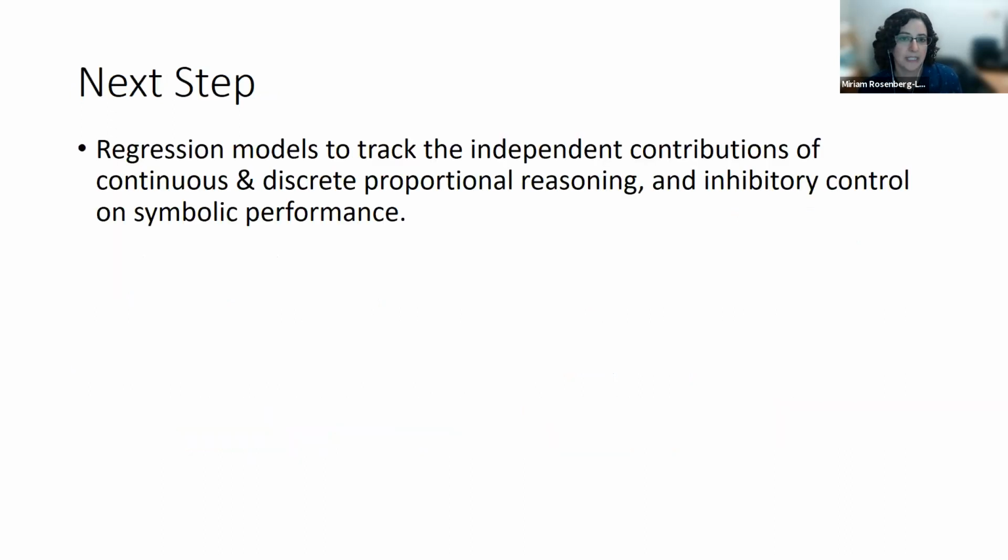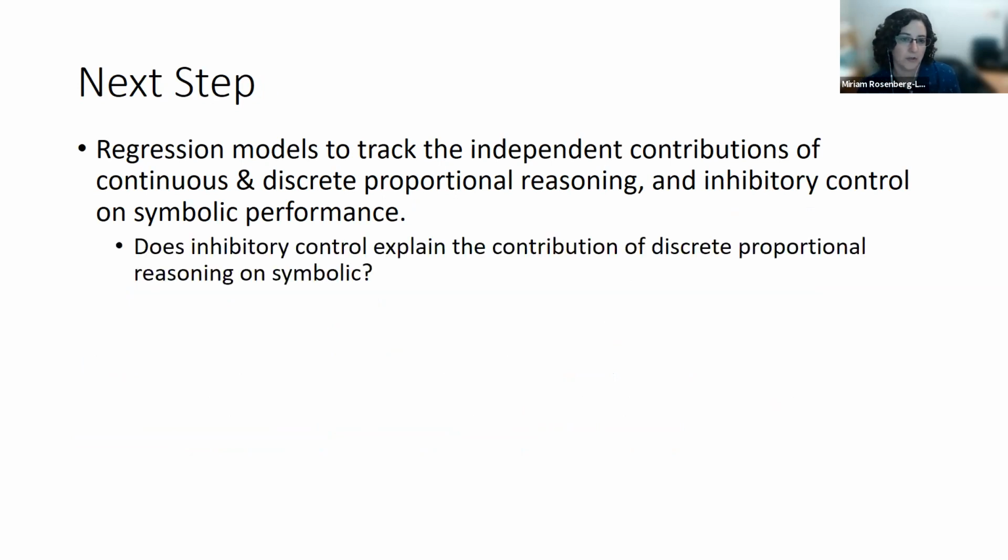So next steps is we really need to look at whether there are independent contributions of continuous and discrete and inhibitory control. And one interesting idea that we're going to pursue is it may be the case that what we're capturing in our relationship with discrete proportional reasoning is also some of that role of inhibitory control. And that might be separate from a more general magnitude processing that maybe the continuous task is capturing.